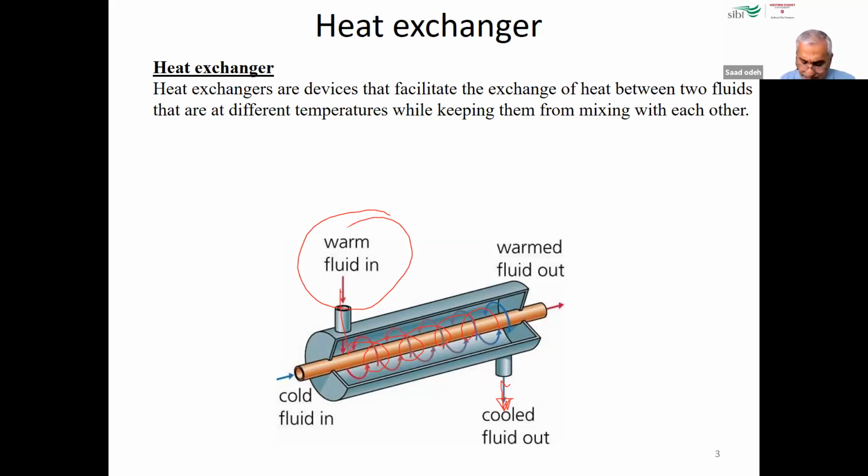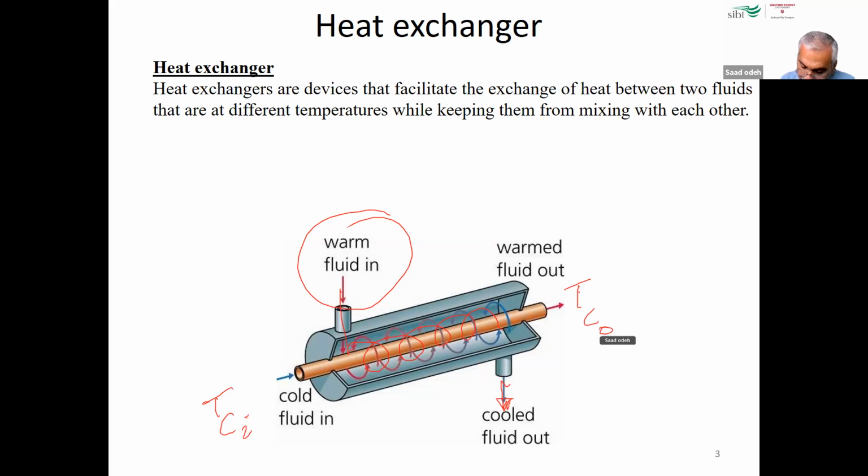This tube allows cold fluid to enter, and we can heat this fluid by allowing it to pass through the tube here. So when the fluid flows inside the tube, it will gain heat from the warm fluid and then leaves at the exit with a different temperature. So we have temperature here of T cold inlet, and we have here T cold exit.